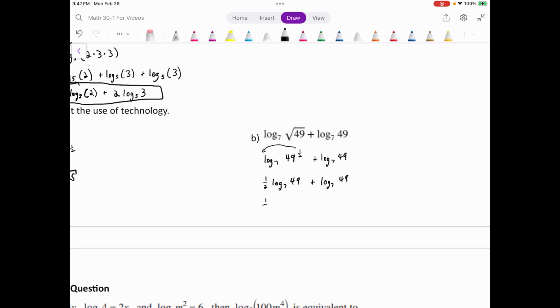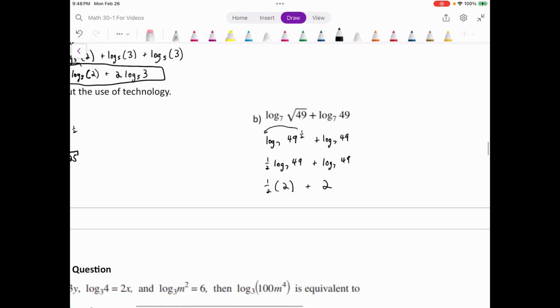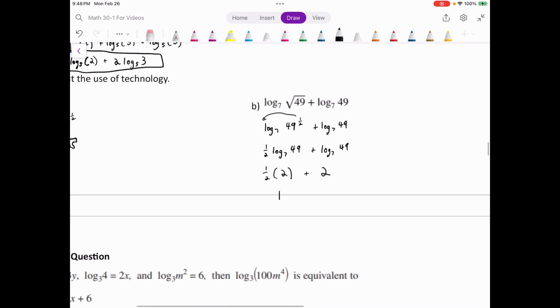So this is just 1/2 of 2 plus, same thing here, 7 to the power of 2 would equal 49. So log base 7 of 49 equals 2. Half of 2 is 1, right? 1/2 times 2 is 1 plus 2, so this equals 3. Is that the only way to do it? No. Is that even maybe the most obvious way to do it?